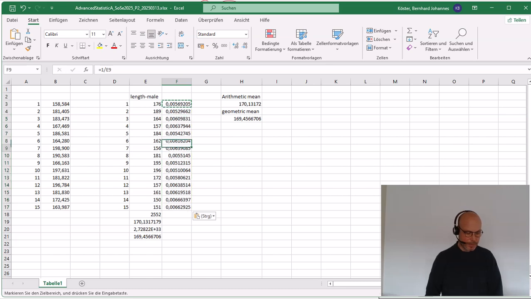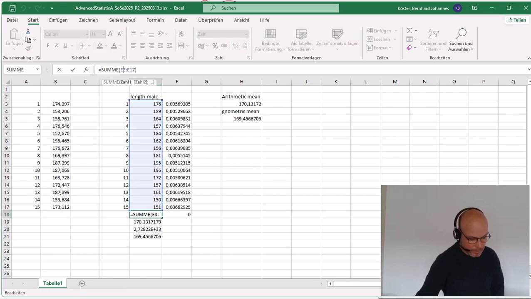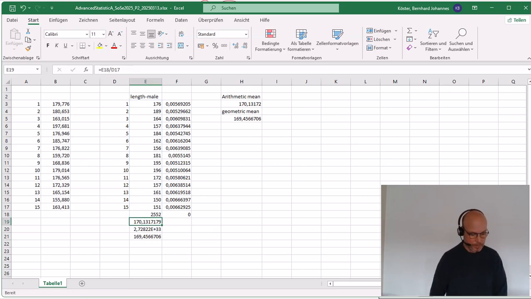And we need the sum of the inverse. That's not the sum, this one.